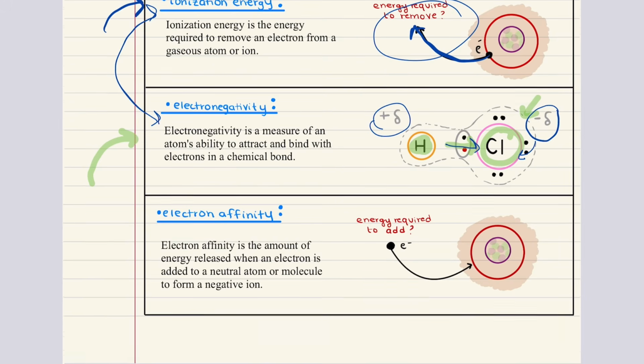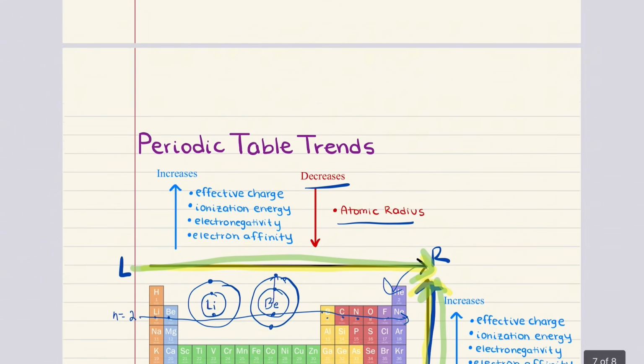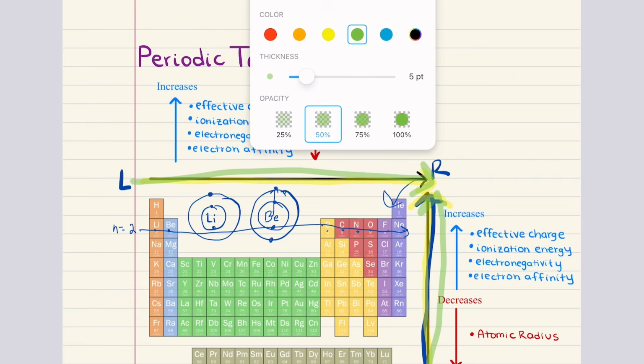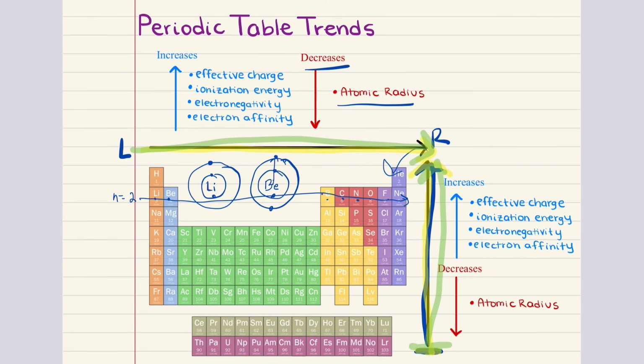Now we go back to the periodic table, and our focus is on the trend for electronegativity. All right, so our question here is, what is the trend in electronegativity going from left to right? Electronegativity increases due to the greater effective nuclear charge as you move from left to right, and this allows atoms to attract bonding electrons more strongly.